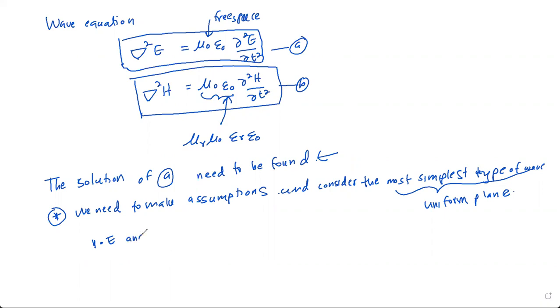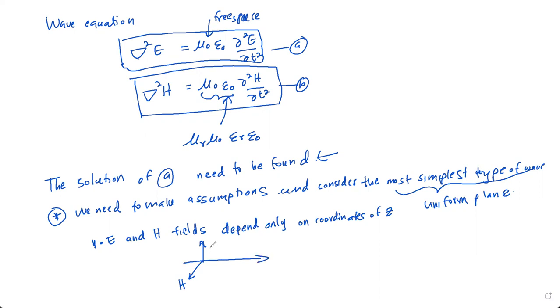The electric and magnetic fields depend only on the coordinate Z. That is saying that the wave we are considering only has electric and magnetic field components in the XY plane.